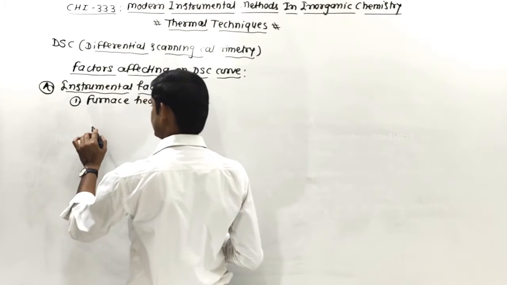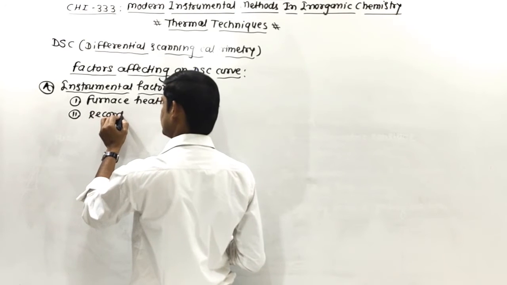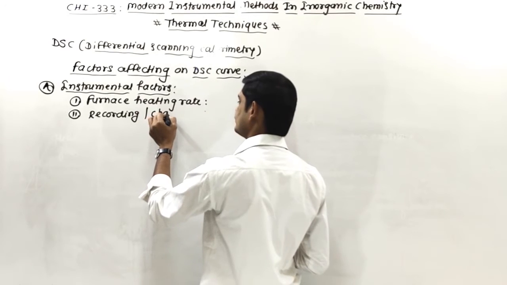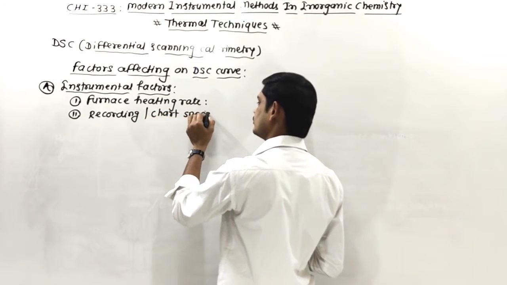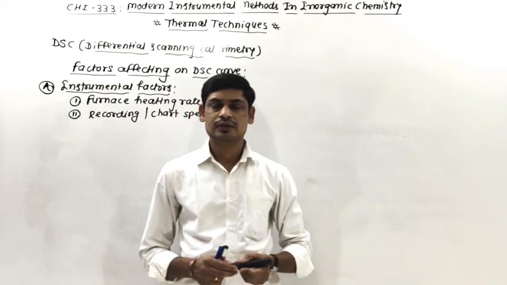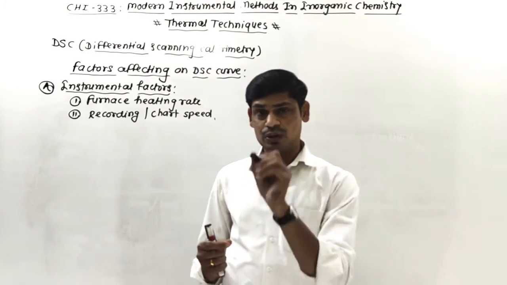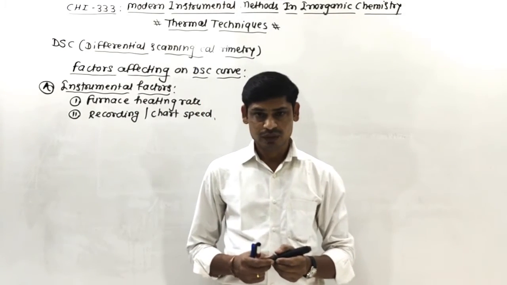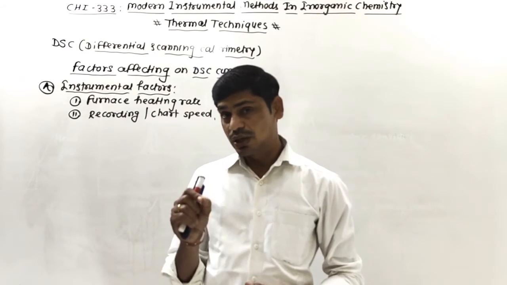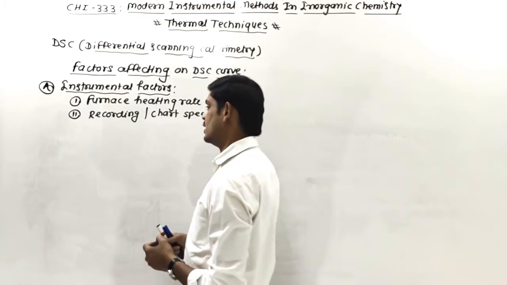Second factor is recording. It is nothing but the chart speed. As per our discussion, we saw that in a DSC we got a result in the form of peaks with the help of a strip chart recorder. The recording means the speed of the strip chart will also affect the nature of a DSC curve.